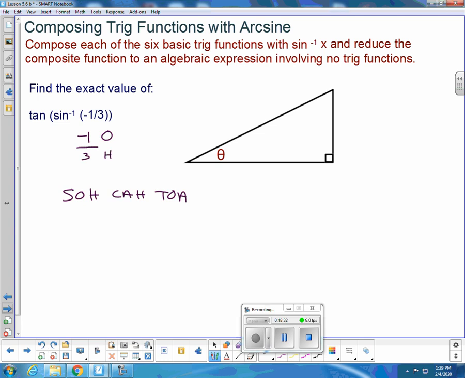So draw your triangle. You've got your theta, mark one of them. Opposite side, hypotenuse. Hypotenuse is always positive, never negative. Okay? What would my third side be?